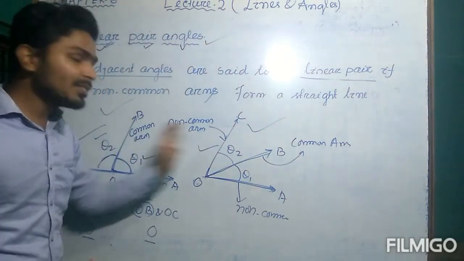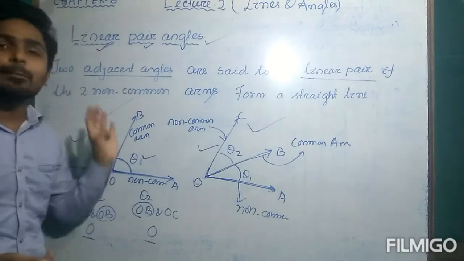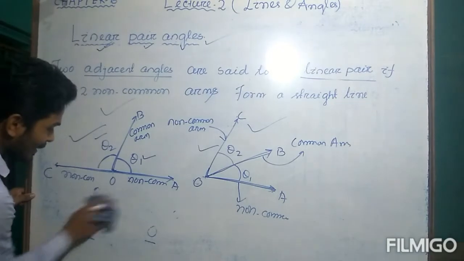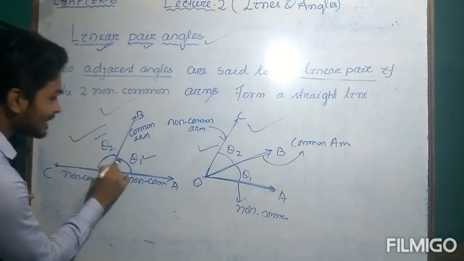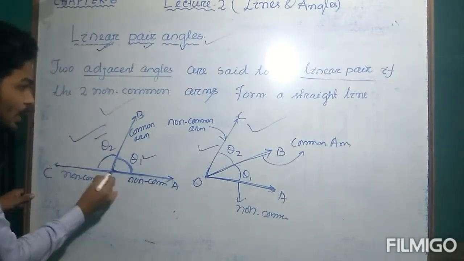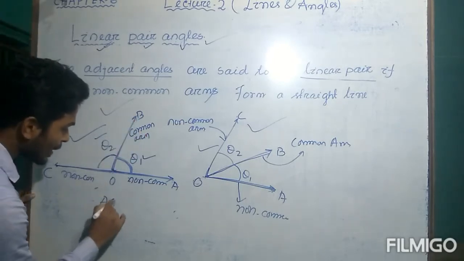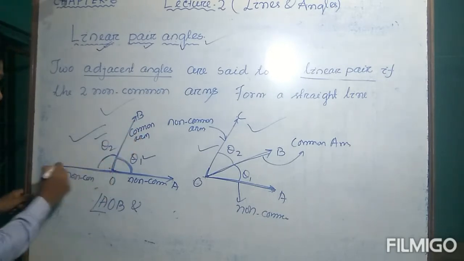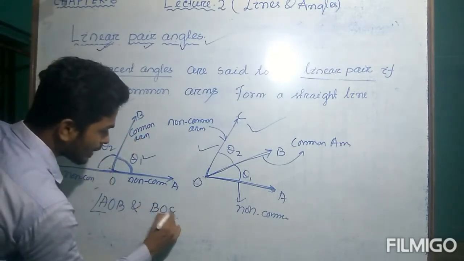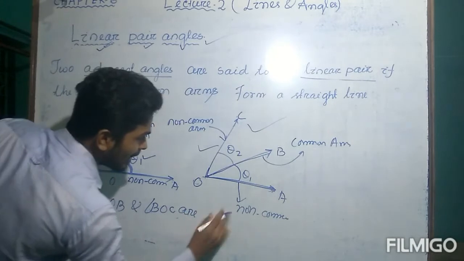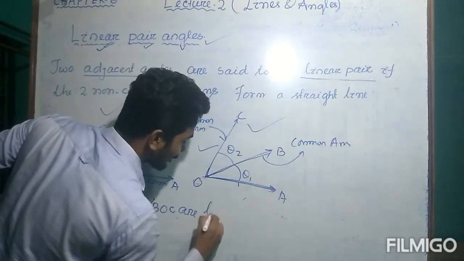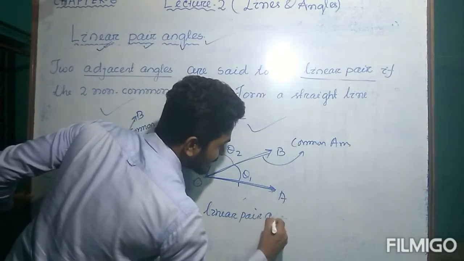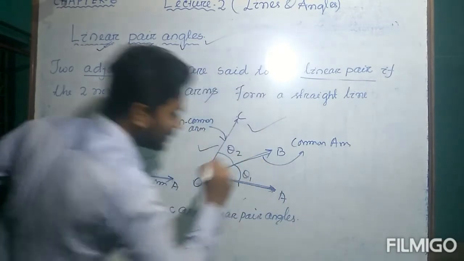This is the big difference between adjacent angles and linear pair angles. Now, you can write: angle theta 1, that is AOB, and angle BOC are linear pair angles. Understood?